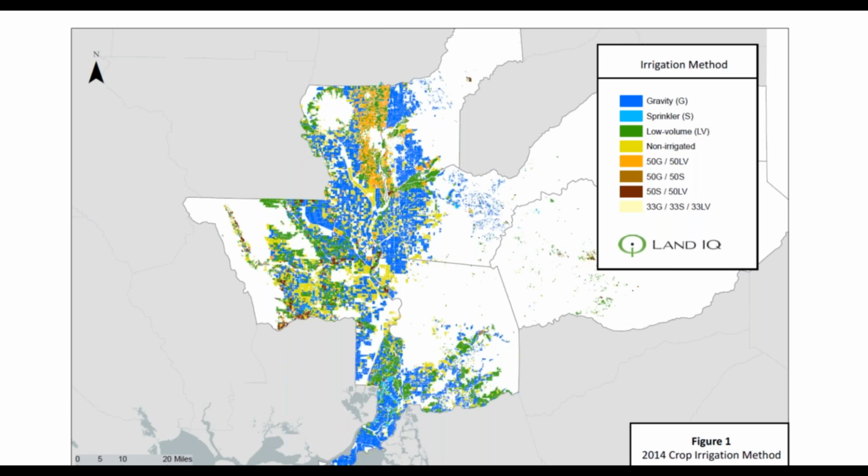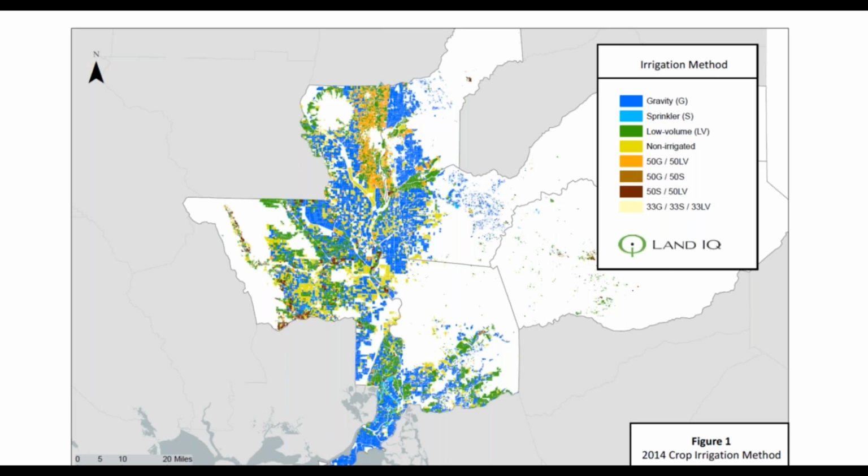But the bottom four categories on the legend, I'll just explain those so you know what they mean. G stands for gravity, and LV stands for low volume, and S is for sprinkler. So when you see the orange area, for example, that says 50G/50LV, that means that we estimate that about 50% of that area is on gravity and 50% is on low volume.